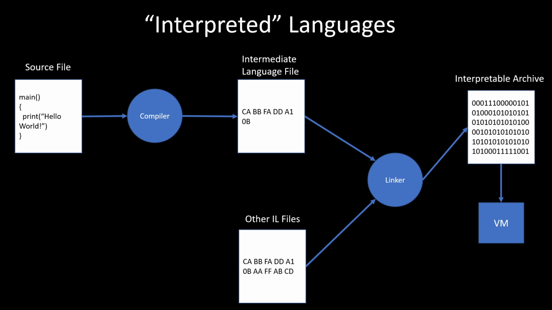Well, one of the main drives was, hey, wouldn't it be cool if I just write a source file and compile it to this intermediate language, this interpretable archive? I only have to compile once. And then the same archive would run on Windows, and it would run on Linux, and it would run on Mac.